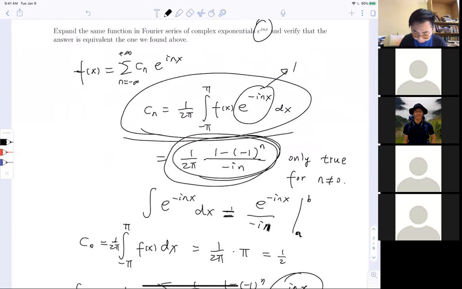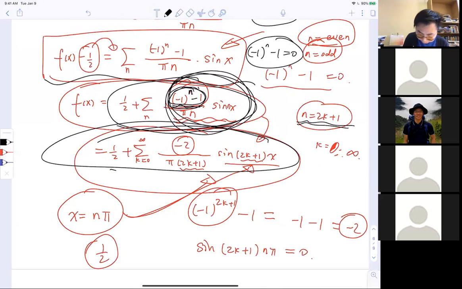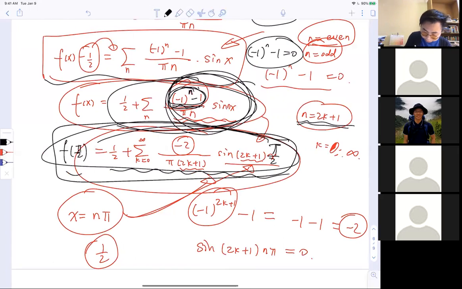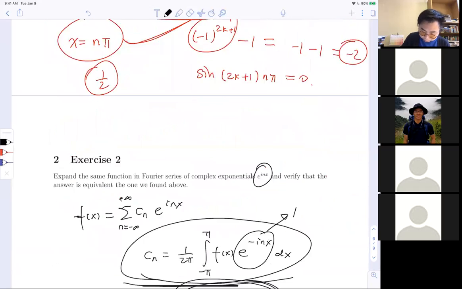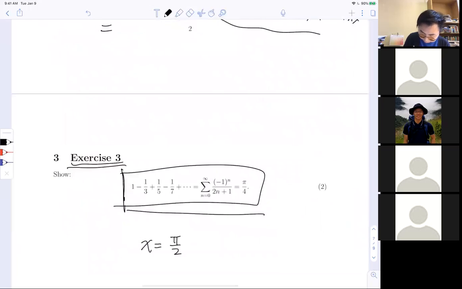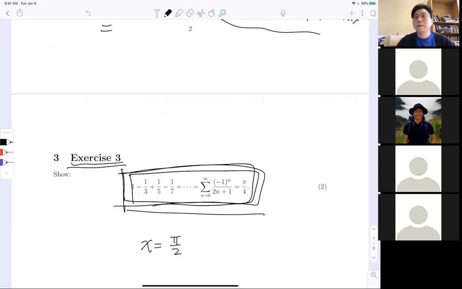And then this expansion becomes this. And if you simplify this equation, you will get the equality you need to prove. And yeah, that's it.